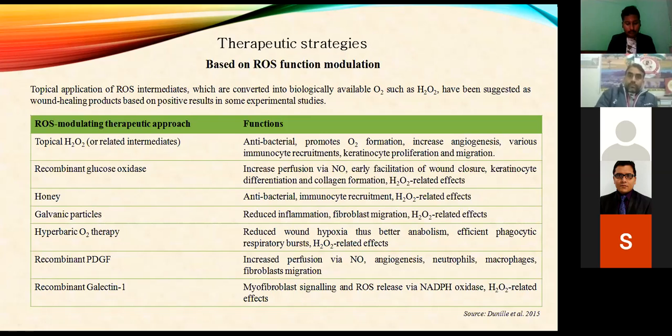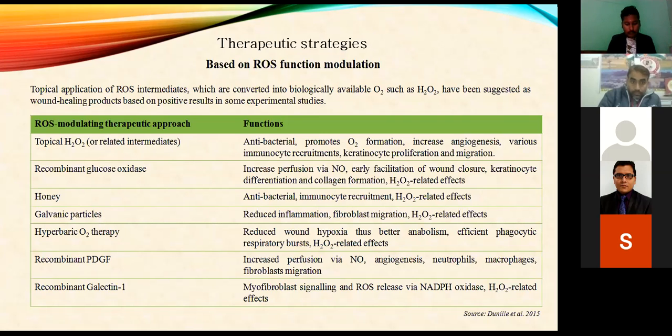Hyperbaric oxygen therapy is given to increase blood oxygen levels to reduce wound hypoxia, and it is efficient in phagocytic respiratory burst and hydrogen peroxide related effects.